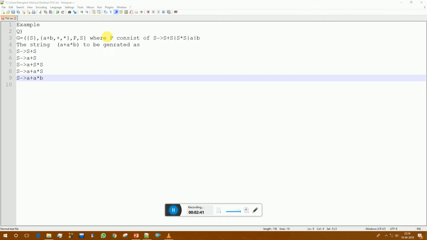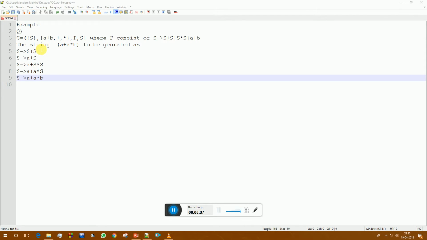Now you can see a line over here. This is nothing but the production rule according to which we are going to generate this particular string. We can generate this in many ways, but I am going to show you the one I know best.